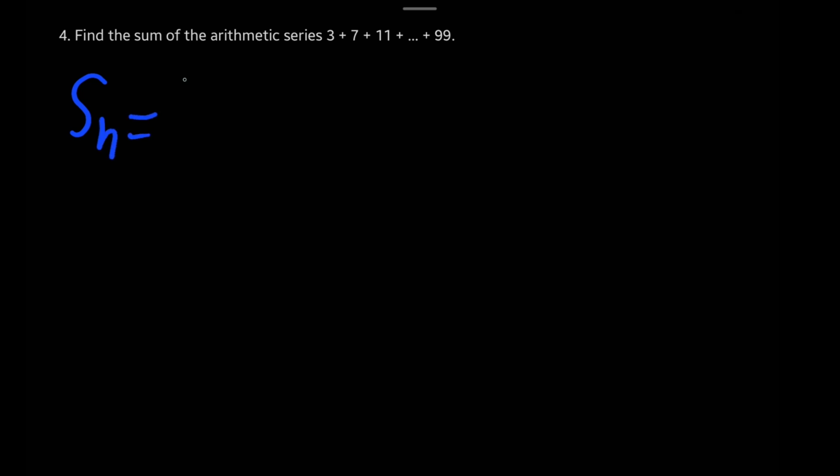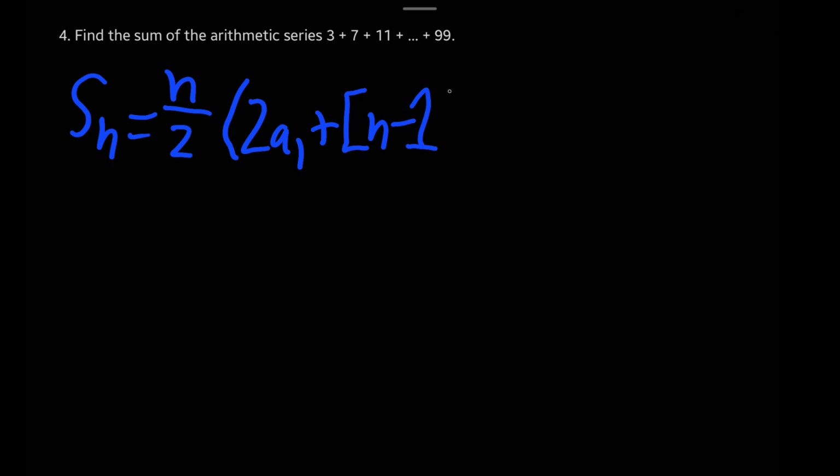Arithmetic series equals the number of terms divided by 2 multiplied by 2 times a sub 1 plus n minus 1 d. It's quite similar to the arithmetic sequence, except we have this n over 2 and this double a sub 1 thing.